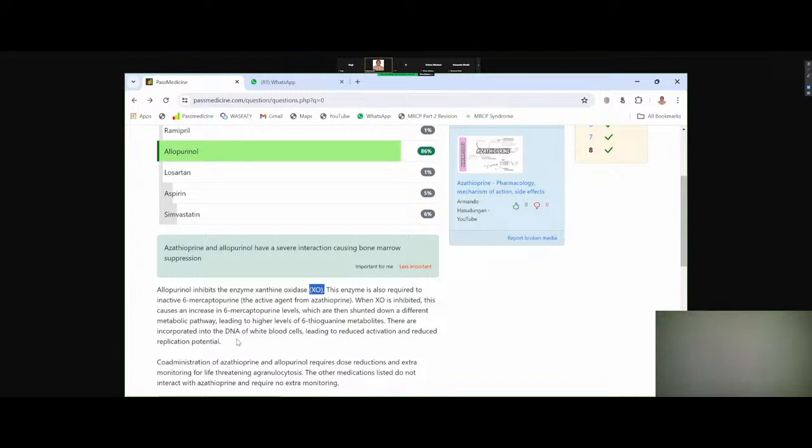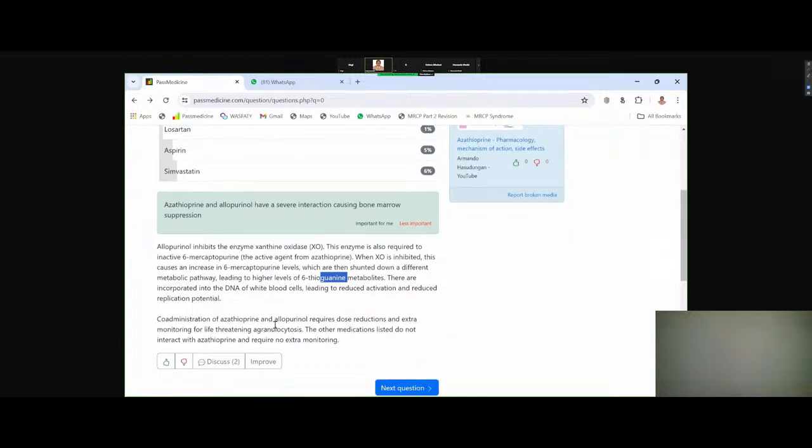When you have high levels of 6-mercaptopurine, they will give you higher levels of 6-thioguanine metabolites, which behave like guanine, the base. So they are incorporated into the DNA of white blood cells, leading to reduced activation and reduced replication potential.